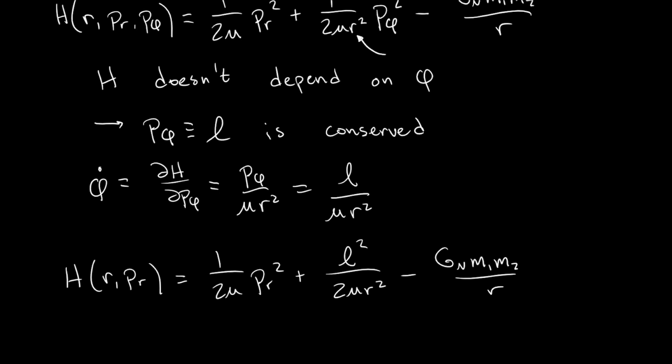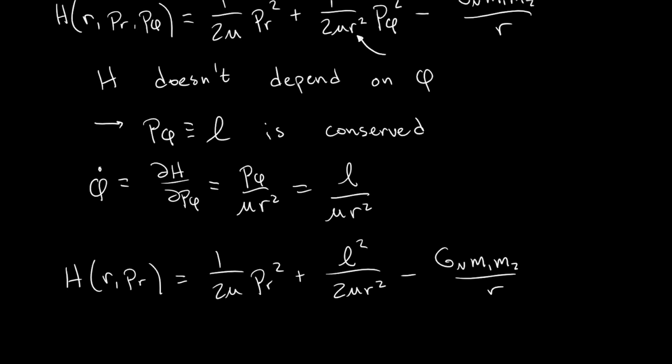And now, I hope we can appreciate something. I just want to take a second to appreciate something that's actually quite incredible. It's the fact that we've taken something which was originally a 4-dimensional problem. Right? We had 4 different degrees of freedom in our system. We would have ended up with a 4-dimensional set of second-order differential equations that we would need to solve, which would be an absolute nightmare.